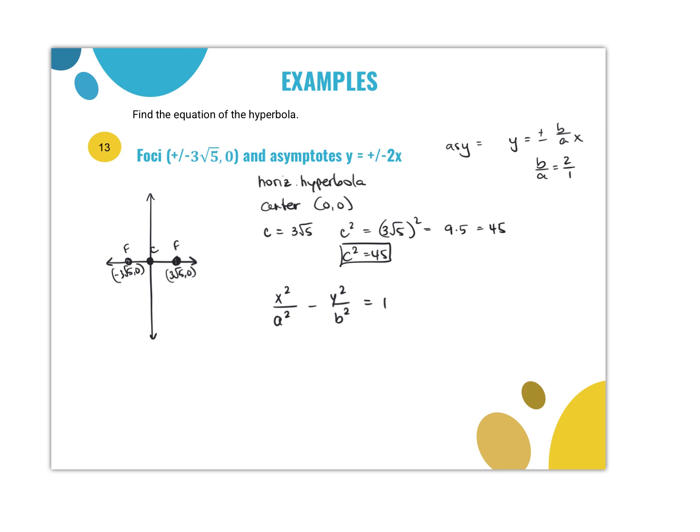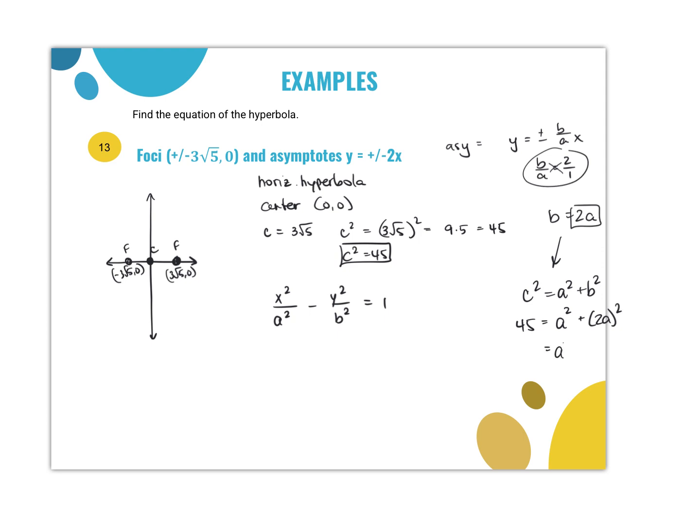So if I take this equation here and I cross multiply, notice that you're going to get b equals 2a. So I know the formula c squared equals a squared plus b squared. So if I know that c squared is 45, a squared is just a squared, right? And b squared, I'm going to substitute for b, I'm going to substitute 2a.